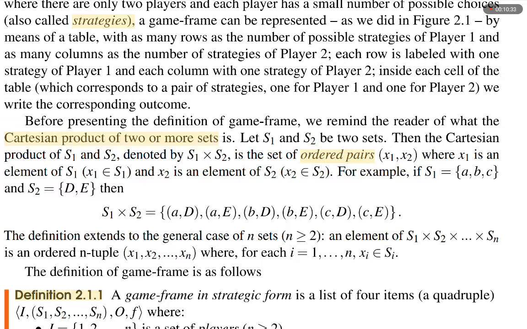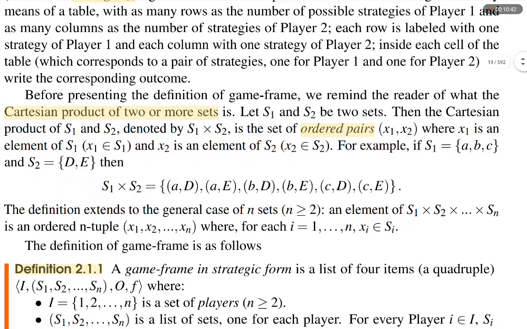For example, if S1 equals the set {A, B, C} and S2 is the set {D, E}, then S1 × S2 equals the set {(A, D), (A, E), (B, D), (B, E), (C, D), (C, E)}.